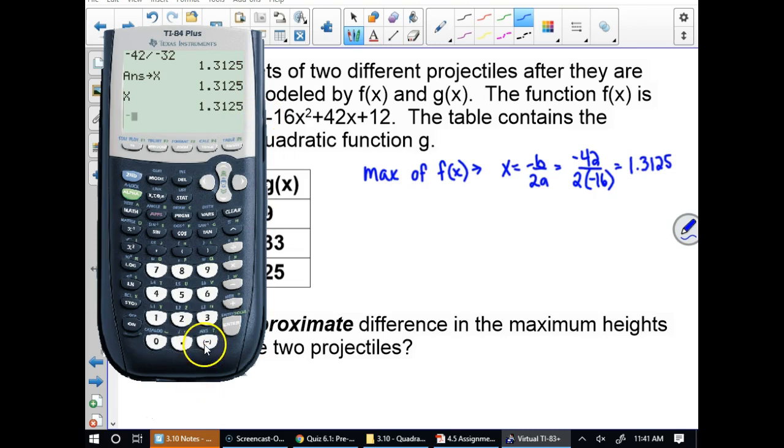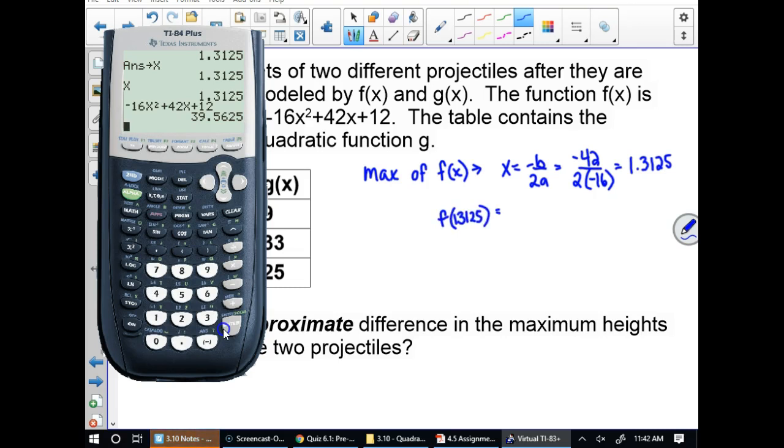So if I type in negative 16x squared plus 42x plus 12, it's plugging in 1.3125 for me. So when I plug it in, f of 1.3125, it's going to give you 39.5625.